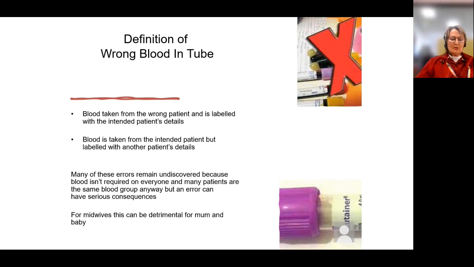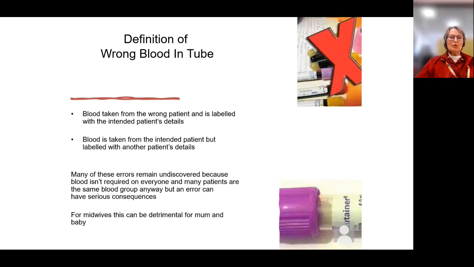And of course, cord sample mislabelling, which SHOT has now started to be very interested in, can lead to a missed anti-D. If we mislabel the cord and then we find that it's Rh negative, we wouldn't give anti-D.